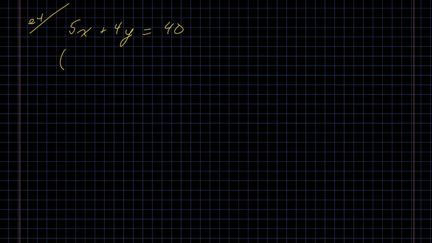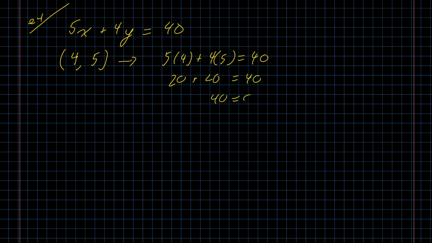If I plug in that x is equal to 4 and y is equal to 5, then I will get 5 times 4 plus 4 times 5, which is 20 plus 20, which is in fact 40. Exactly what the equation said I was going to get.